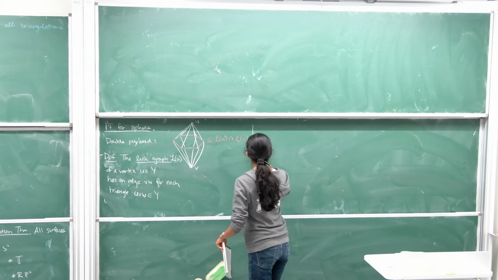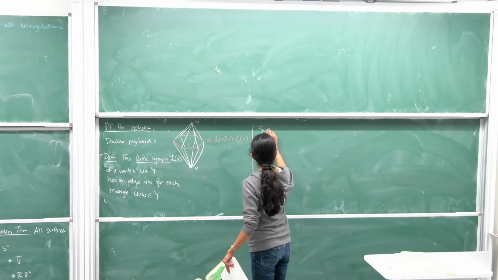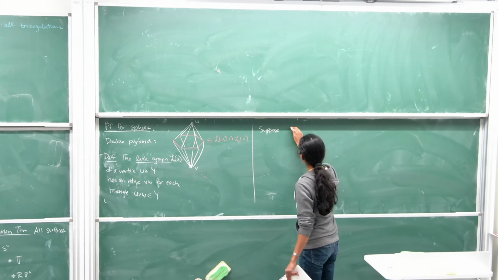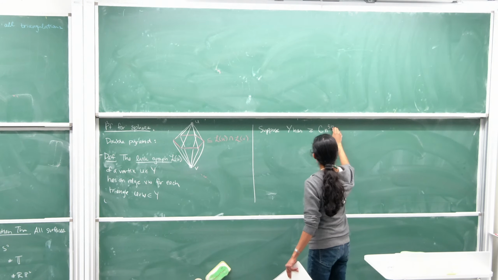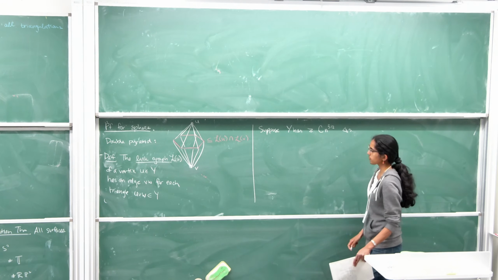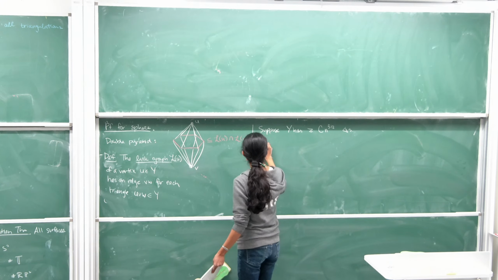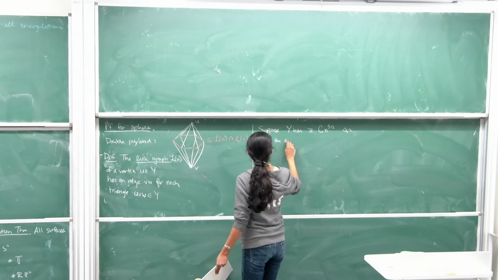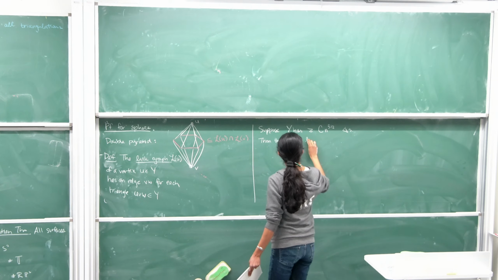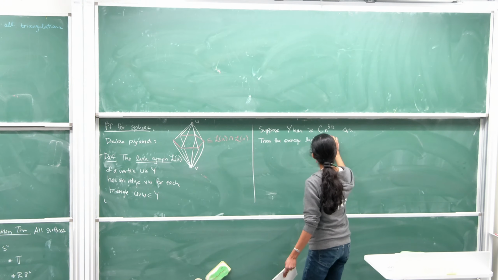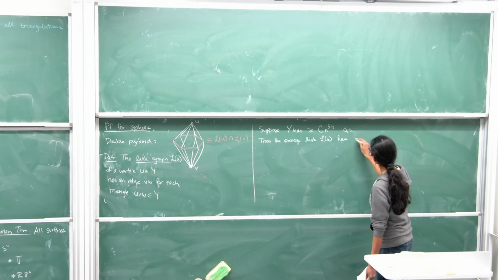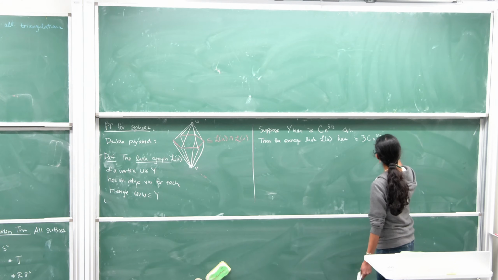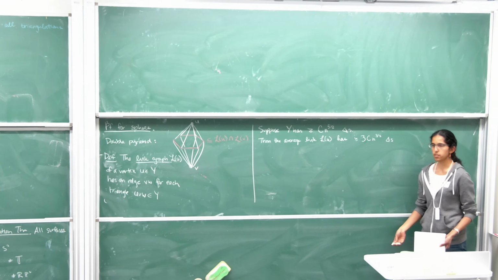Suppose that Y has at least C n to the 5/2 triangles. Then the average link has at least 3C n to the 3/2 triangles, just because each triangle has 3 vertices.